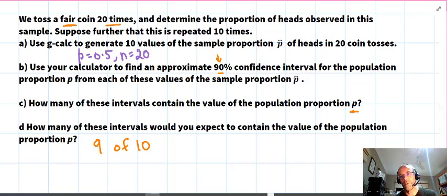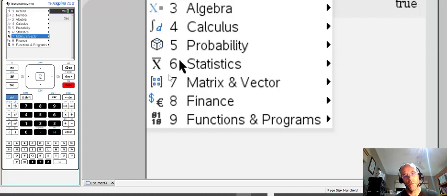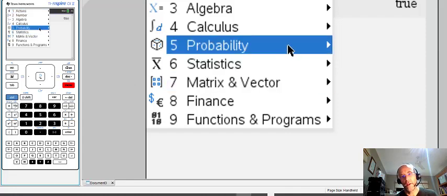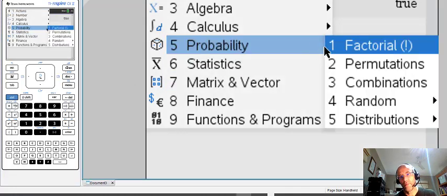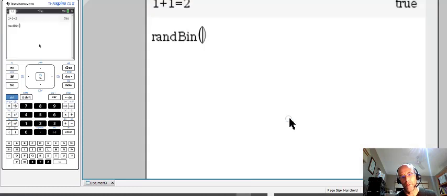So let's do that. Because this is a binomial situation, heads and tails, we need to go into our probability and go to random and binomial. Okay, and the syntax is n first, so that's 10, p, which is 0.5, and the number of samples we're doing, which is 20.